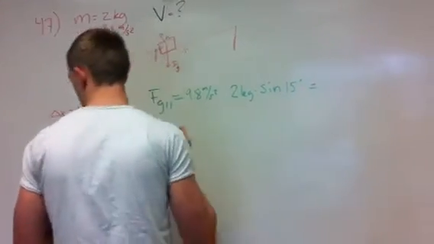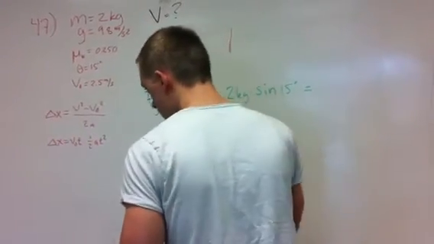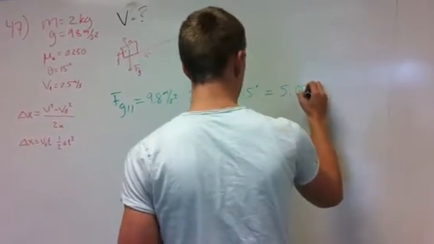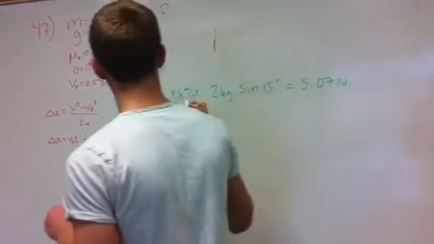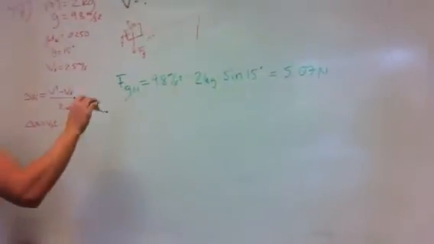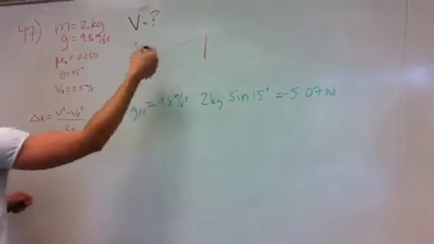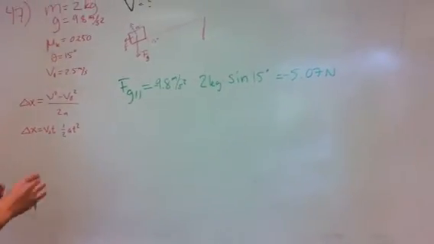And that comes out to be, if I'm not mistaken, 5.07 newtons. So this is the gravity pushing. It should actually be negative, because it's pushing the block down.